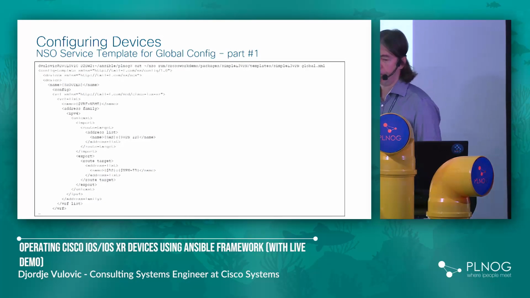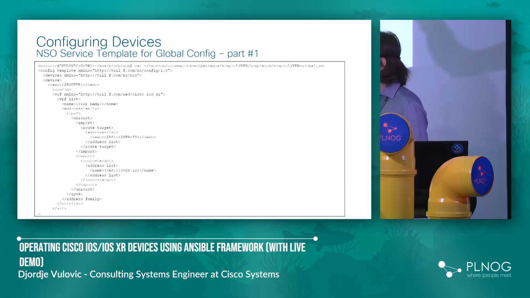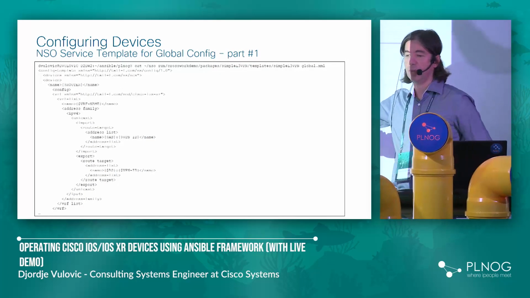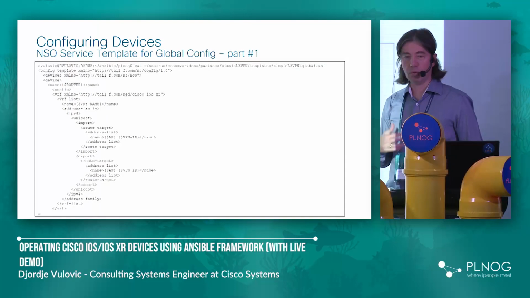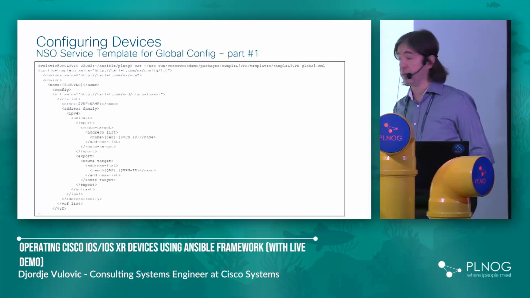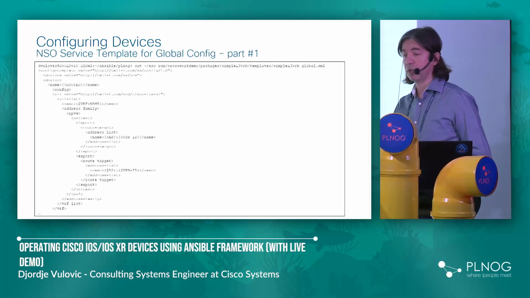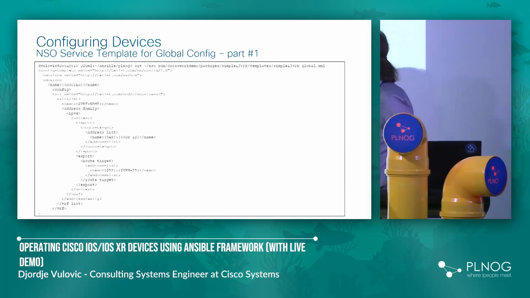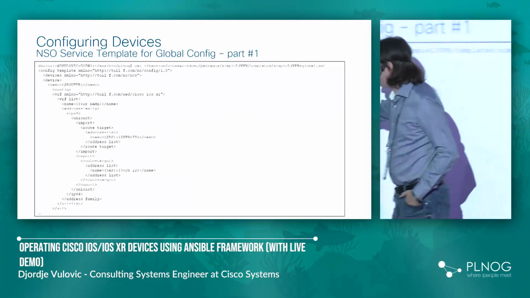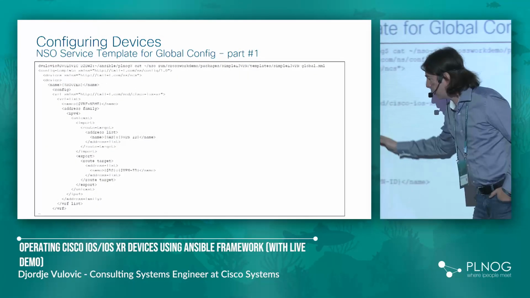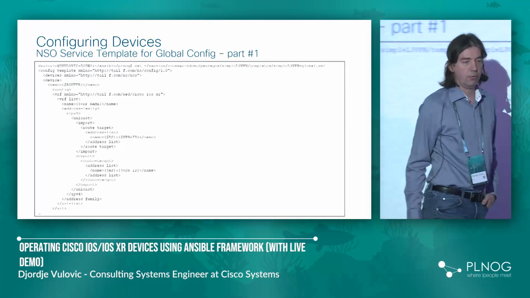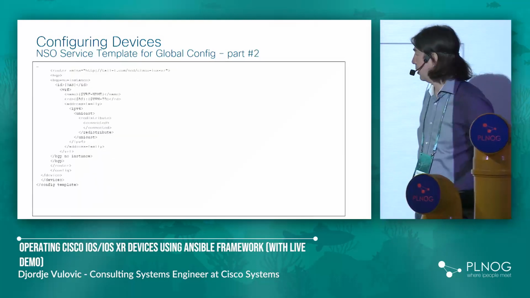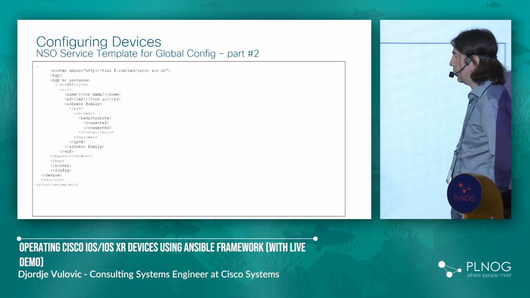NSO uses, let's say, formal XML encoding. Why? Because Jinja2 deals with clear text. NSO deals with the object model of the device configuration. It knows the structure. It knows that when you configure the VRF, then you have all the hierarchy of different VRF parameters, or the same for router BGP.